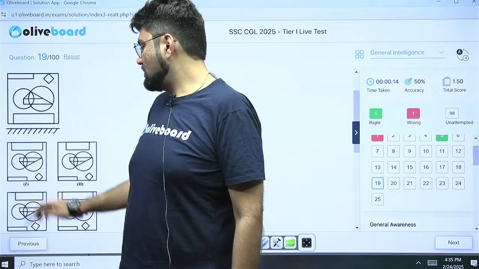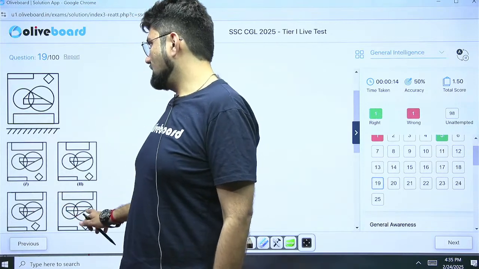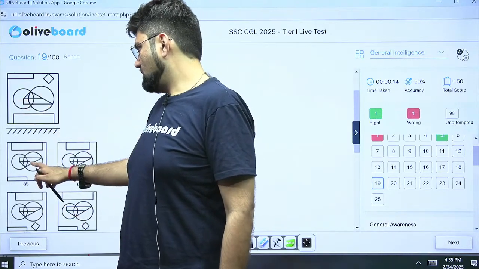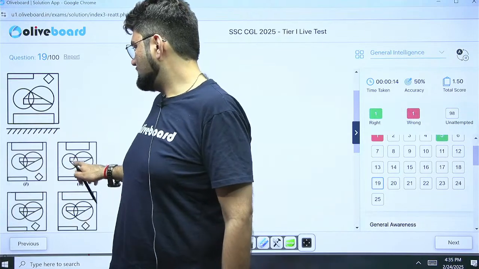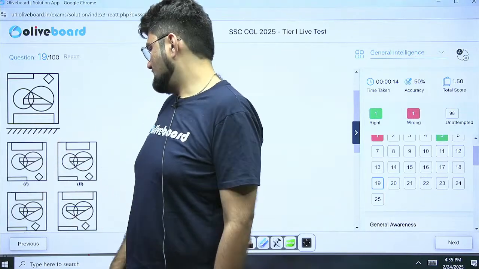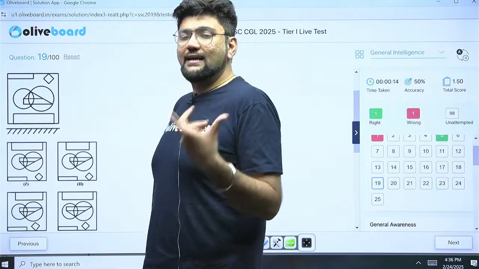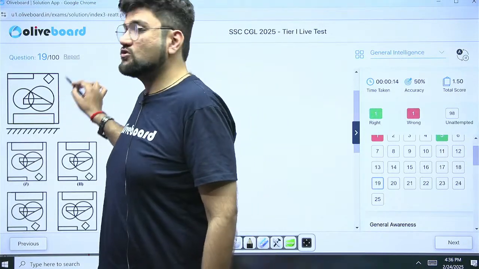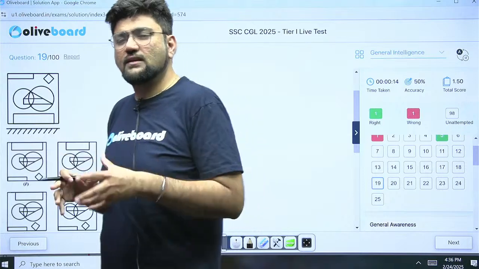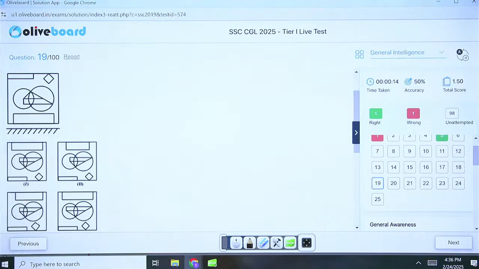You can't find any particular difference: smaller circle, larger circle, this triangle is completely inverted, everything is starting from the base, everything is there as it is. There is no change whatsoever. That means your observation is not correct. You have to observe something which is very obvious, which is not otherwise visible to your eyes. And that is how you can save time.